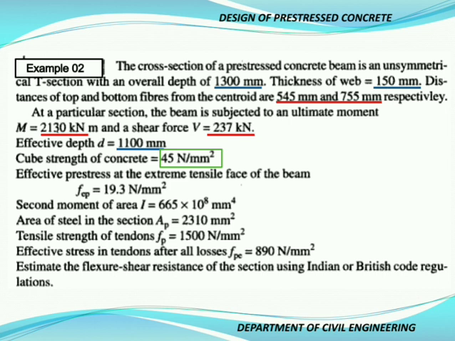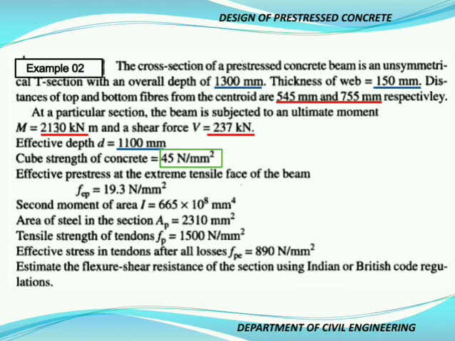Effective stress in the tendons after all the losses, FPE. The previous one was FCP, that is pre-stress at the extreme tensile face. Now this is effective stress after the losses, FPE is equal to 890 Newton per mm square.